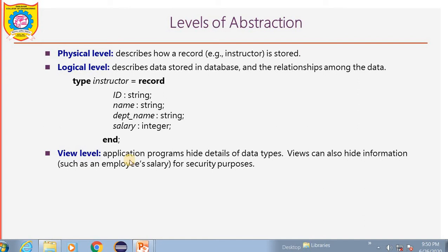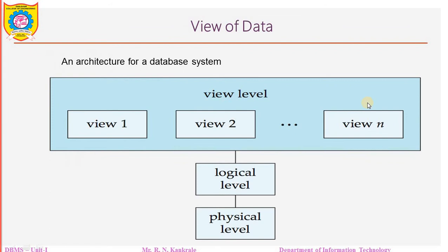So these three levels show the different organization of the database. Here one diagram is given: the physical level is the low level, the logical level is the middle level, and the view level has view 1, view 2, view 3. In this diagram, the physical level involves the disk, how the data is stored on a disk.